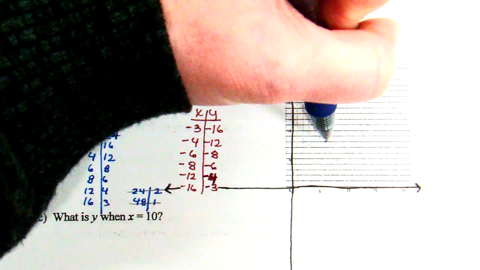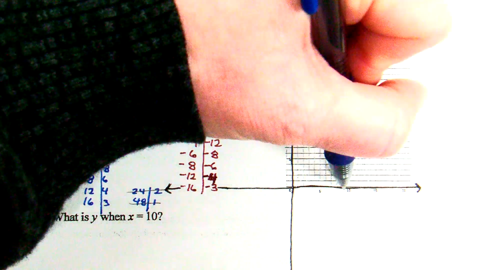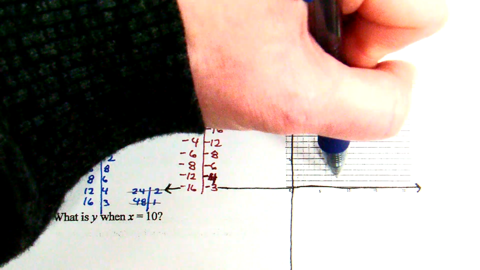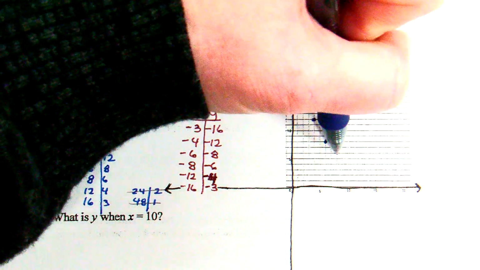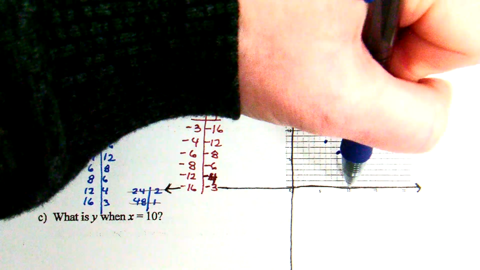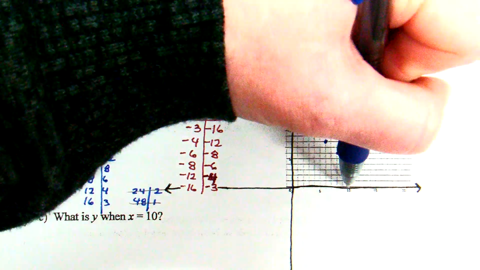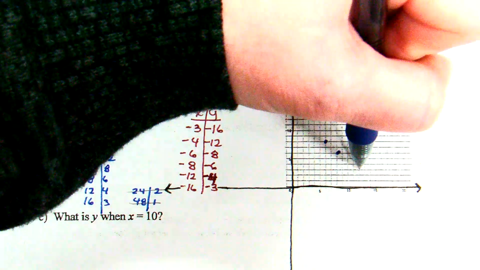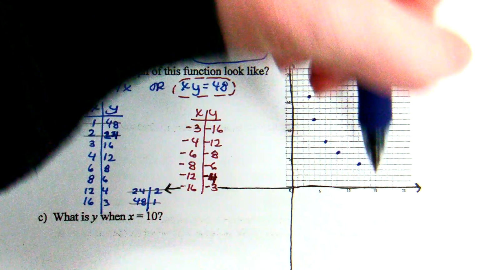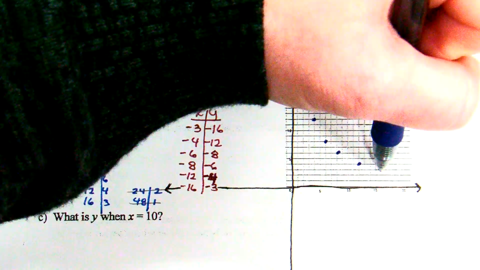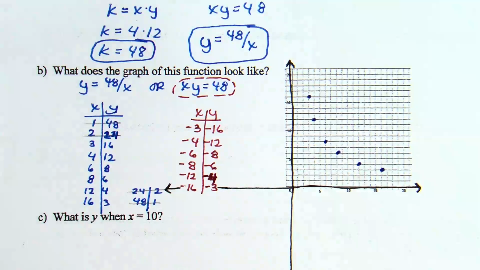Right 6, up 8. (8, 6). Right 8, up 6. Right 12, up 4. (16, 3). Hopefully I got all my dots in the right spot there.